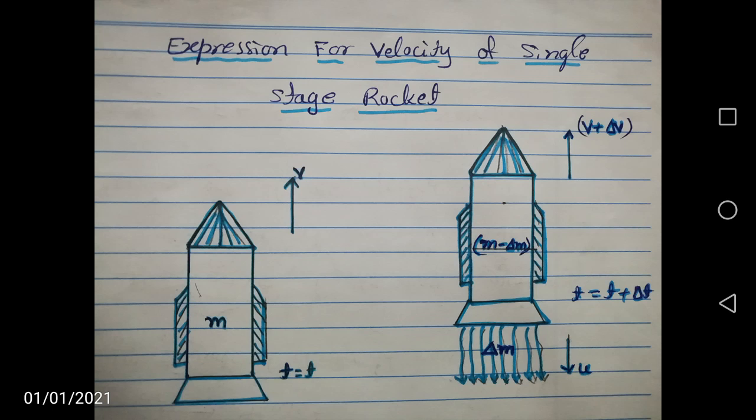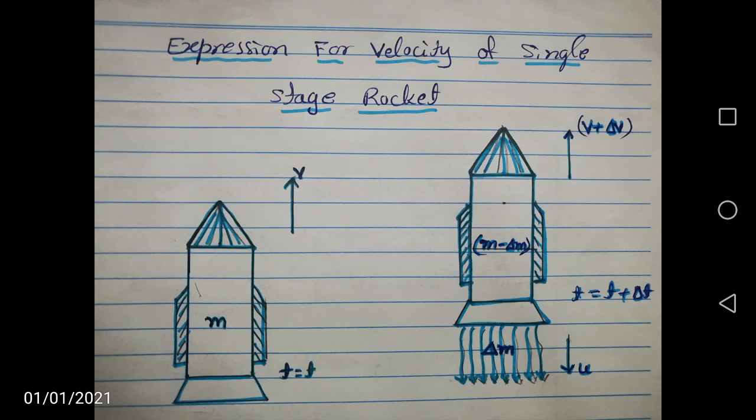A single stage rocket is a launch vehicle that uses a single stage. All its fuel is burnt out in one stage and it has only one booster to lift its payload to the desired altitude.